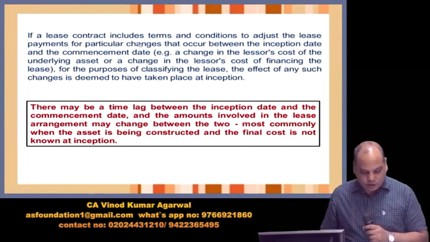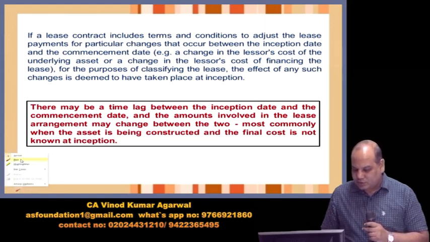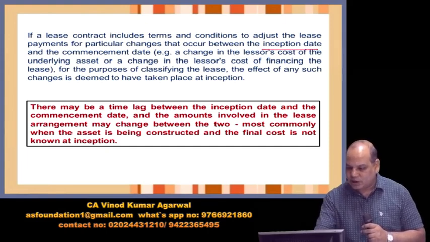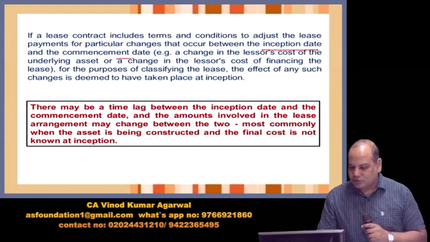If a lease contract includes terms and conditions to adjust the lease payment for a particular change that occurs between inception date and commencement date, sometimes there may be some change between the two. For example, a change in the lessor's cost of the underlying asset or a change in the lessor's cost of financing the lease.